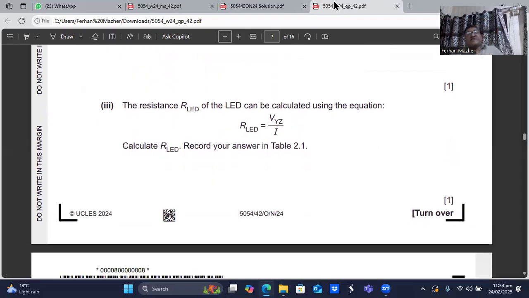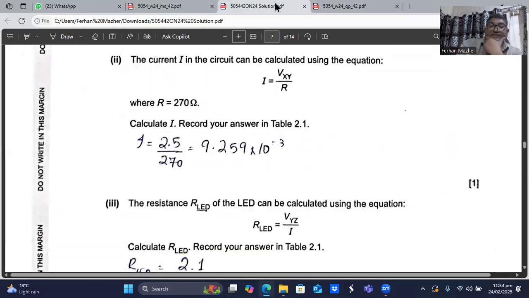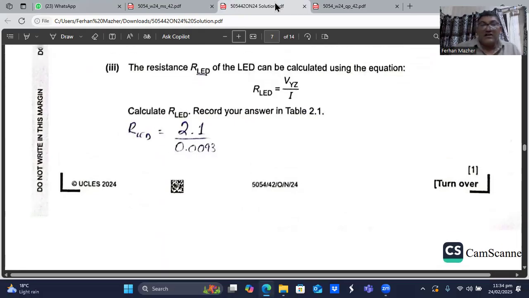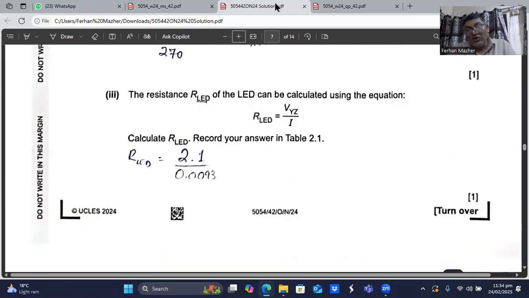Then the question is, the resistance of the LED can be calculated using the equation, the voltage across the YZ divided by the current through that circuit. The voltage across YZ is 2.1 volt, and the current flowing through it, because both the fixed resistor and the LED are connected in series with each other, so both of them have the same amount of current.